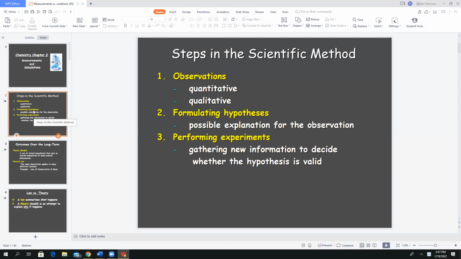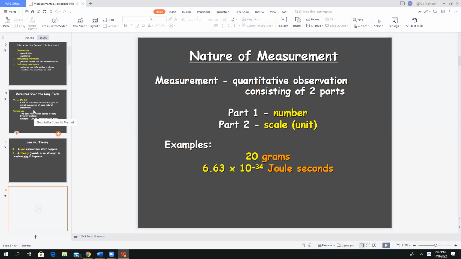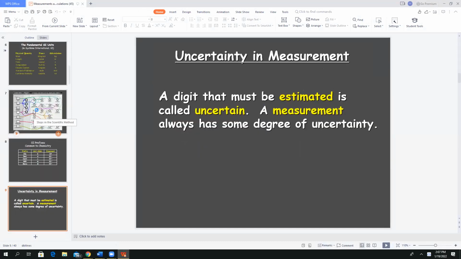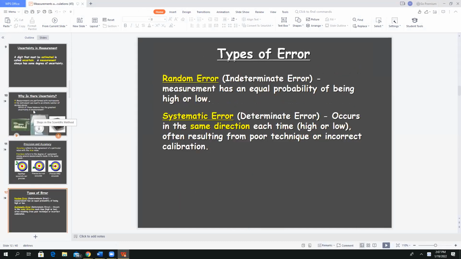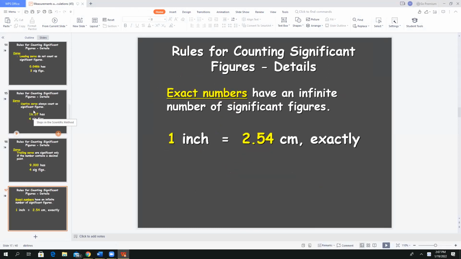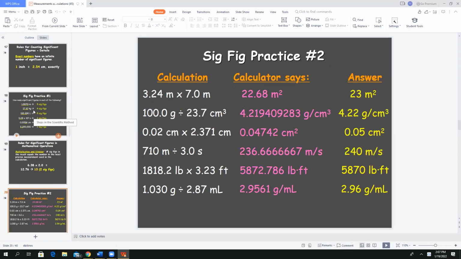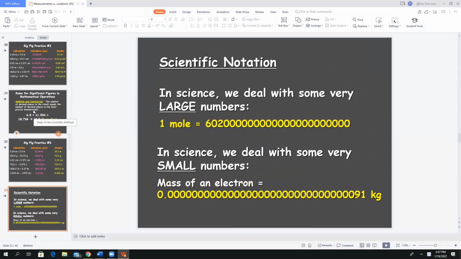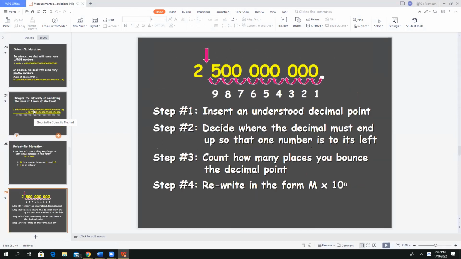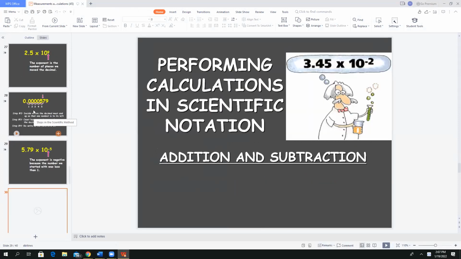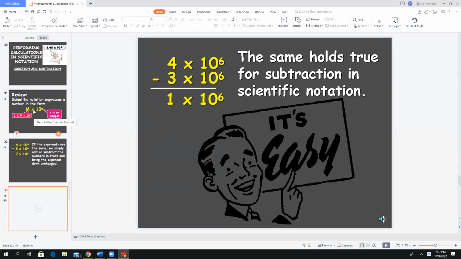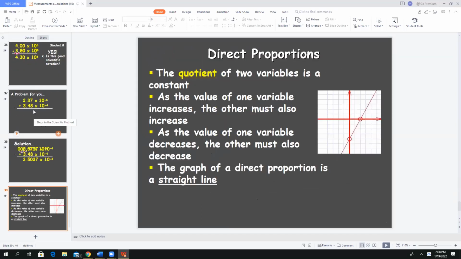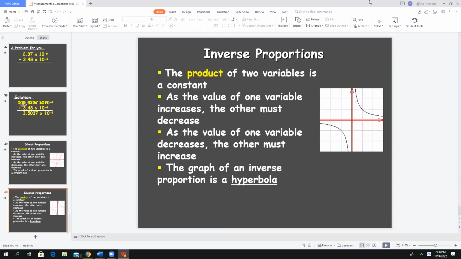So far, we do not need this just yet. Yeah, we were there, SIGFIG practice. And then we did this. Yeah, addition and subtraction. We did a few more. That was it. Yeah, okay. So no, we're done with this PowerPoint.